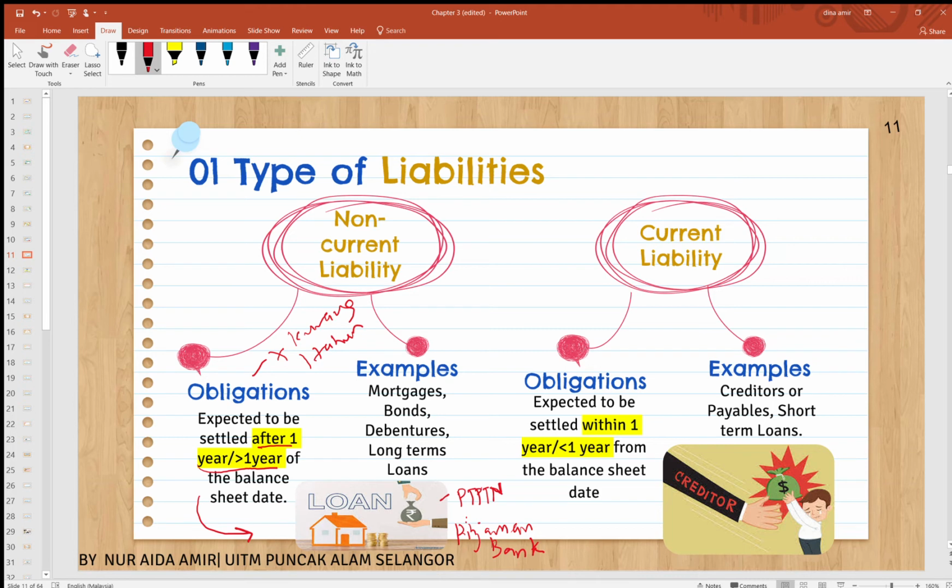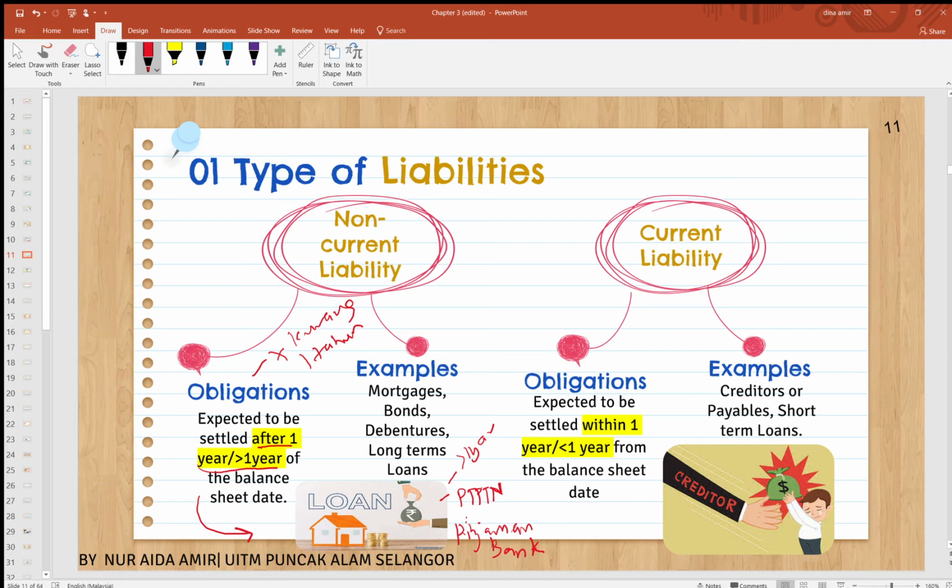Sebab you pinjam PTPTN dalam jangka masa yang lama, lebih daripada setahun, which is more than 1 year. Di mana PTPTN bagi you duit dalam masa 3 tahun untuk habiskan degree. Betul tak? So, bila you habis degree, you dapat kerja, you akan bayar dengan duit gaji you. Itu adalah obligation you.